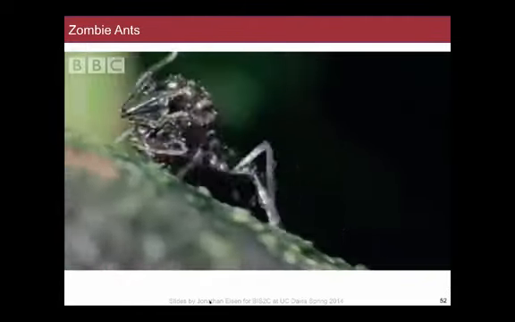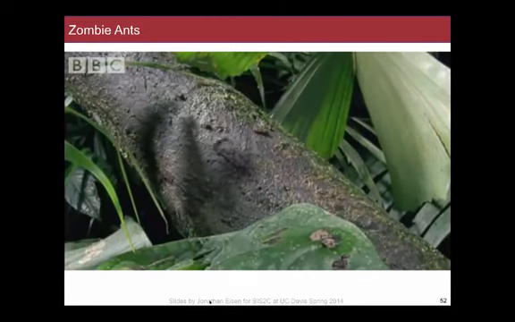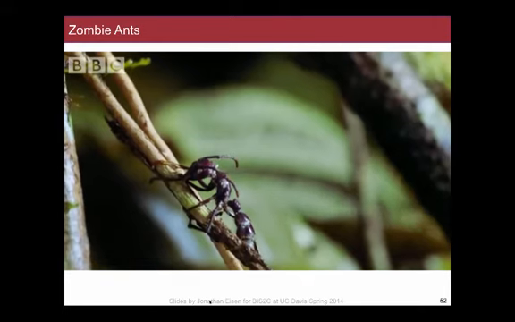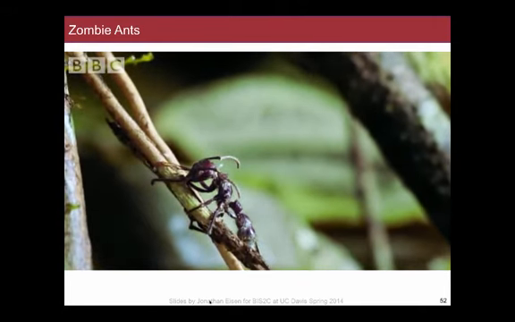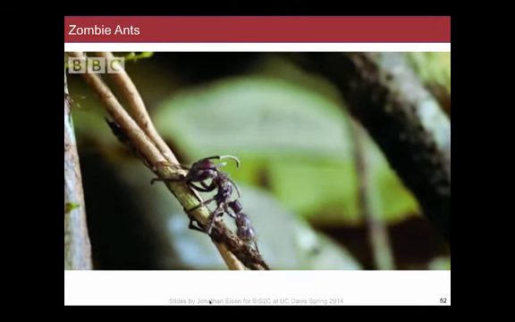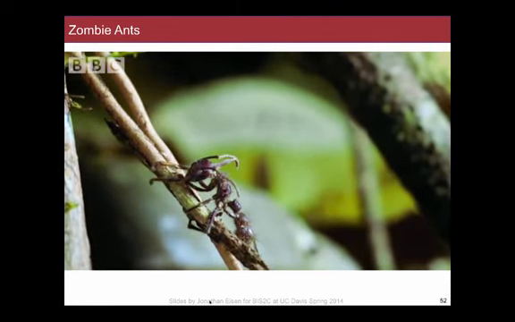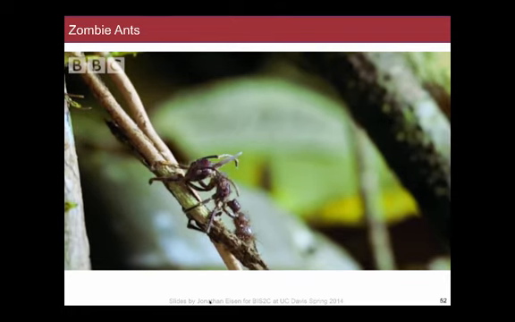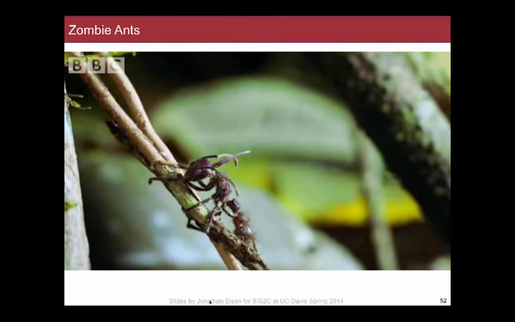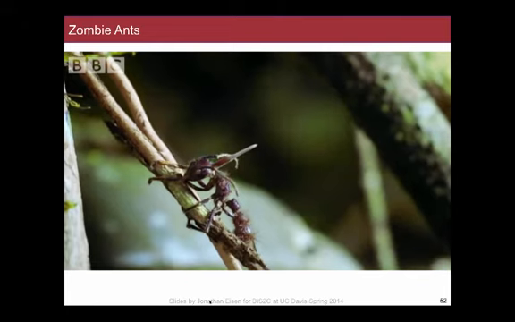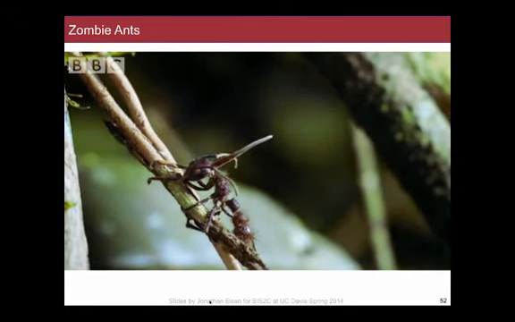Those afflicted that are discovered by the workers are quickly taken away and dumped far away from the colony. It seems extreme, but this is the reason why. Like something out of science fiction, the fruity body of the cordyceps erupts from the ant's head. Very dramatic.